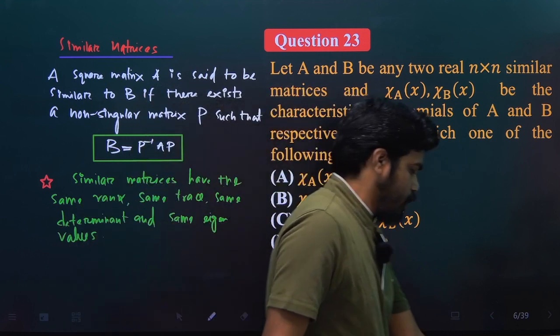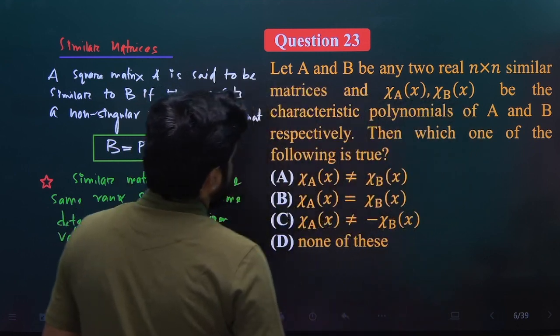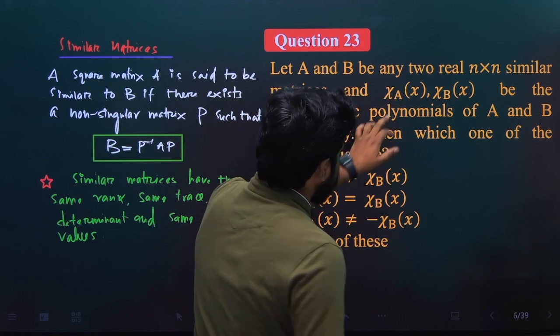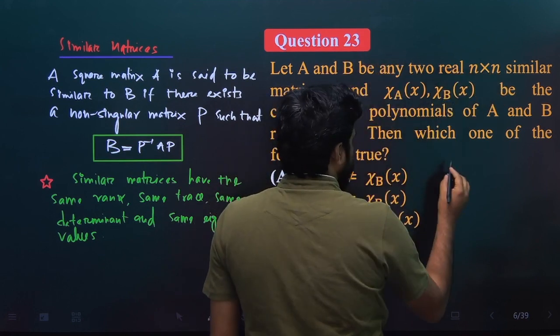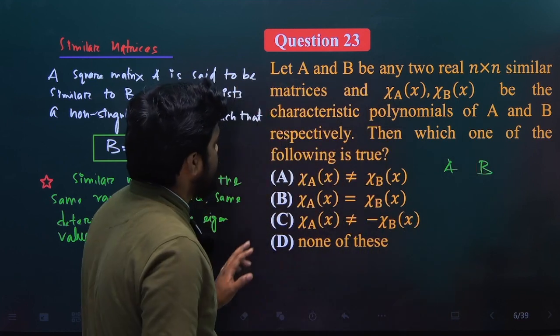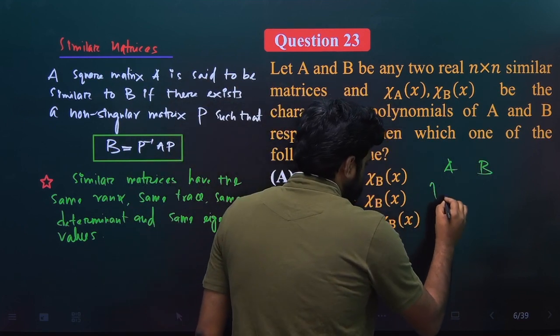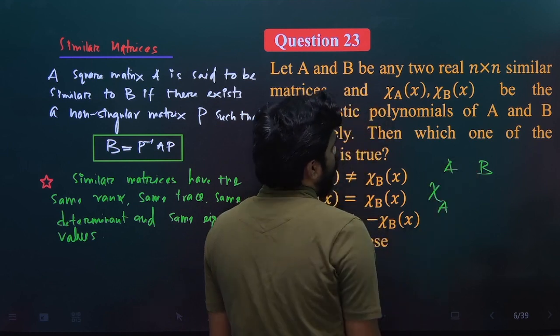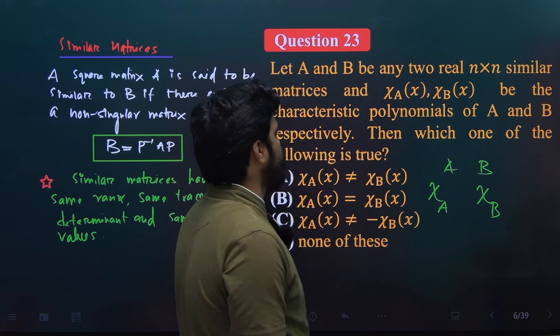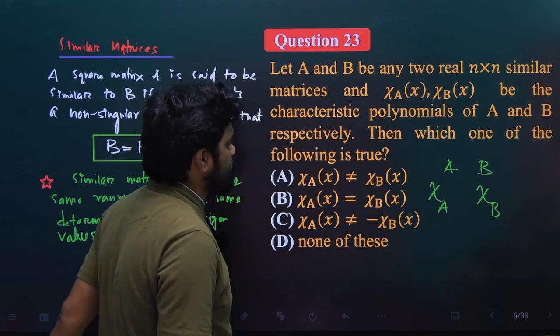Okay. So first, what is given here? It is given that A and B are two similar matrices. Let the characteristic polynomial of A and the characteristic polynomial of B be given. Then which of the following is true?